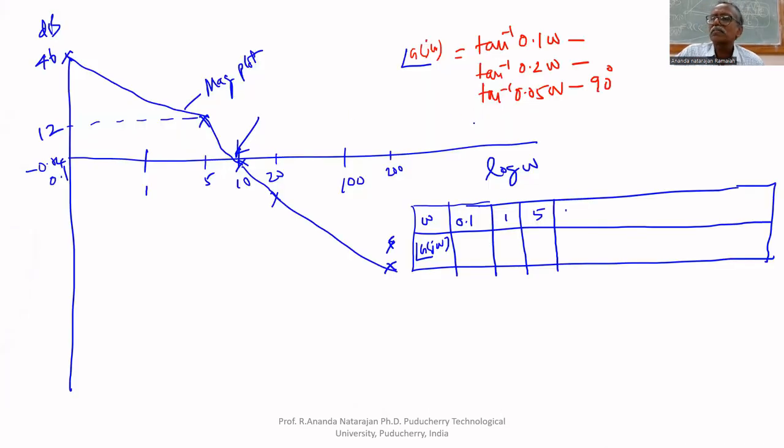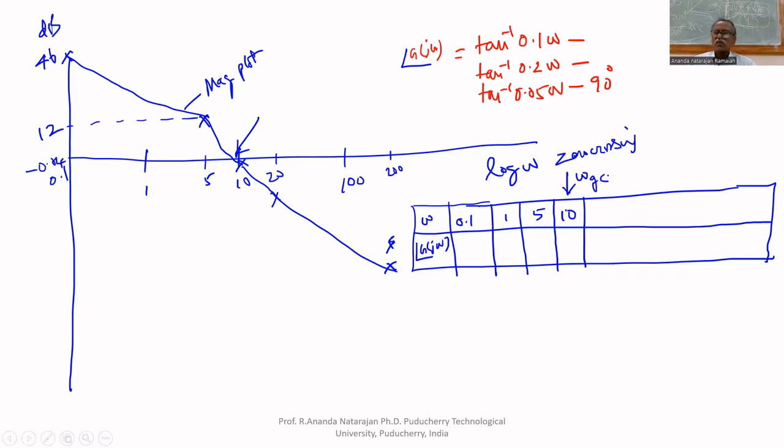If you know where it crosses 0 dB, that point also you have to include. I will let you know later why. Zero crossing, that frequency also you have to include. That frequency is called omega GC. Here it is 10.